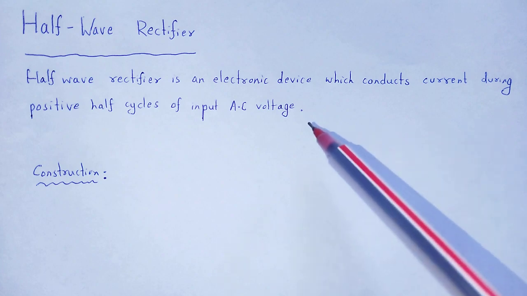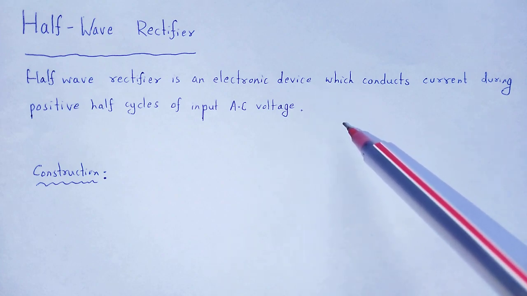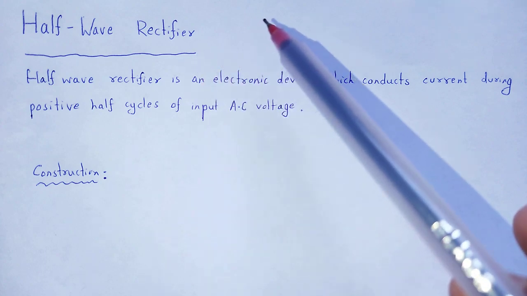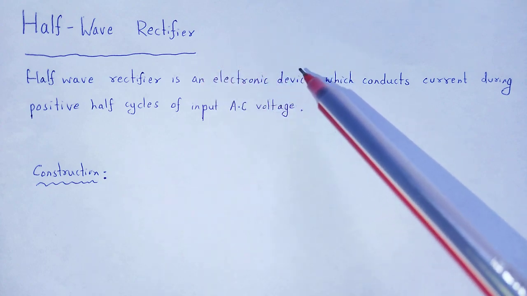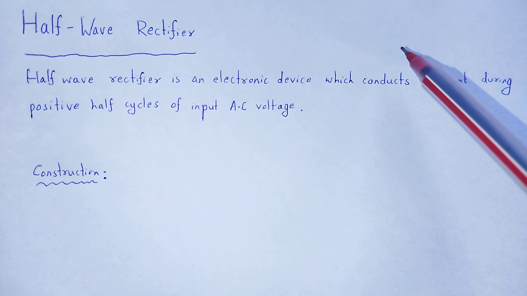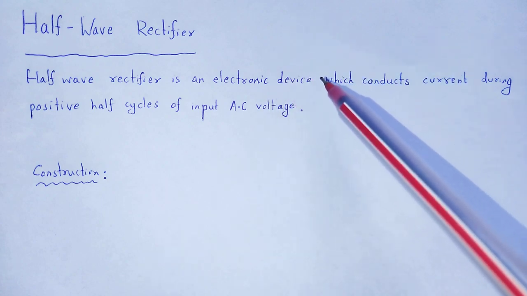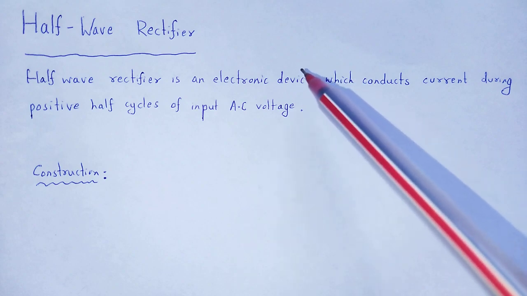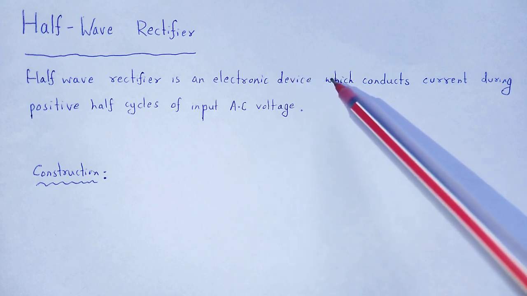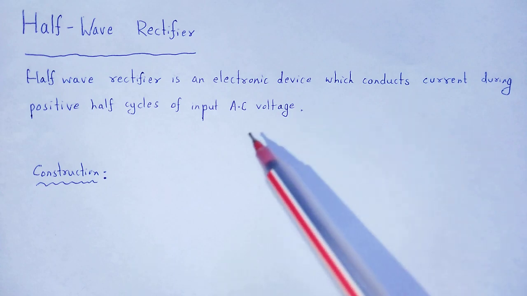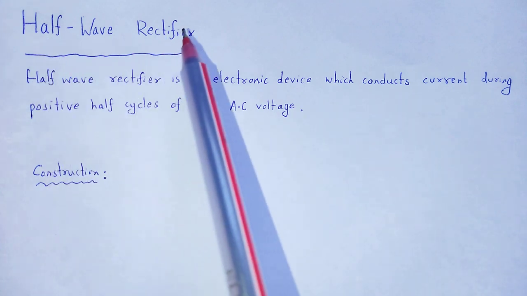In AC voltage, one half is positive, another half is negative. As we discuss rectification, means conversion of AC into DC, in case of AC, only the positive halves are rectified. Therefore, its name is half wave rectifier.